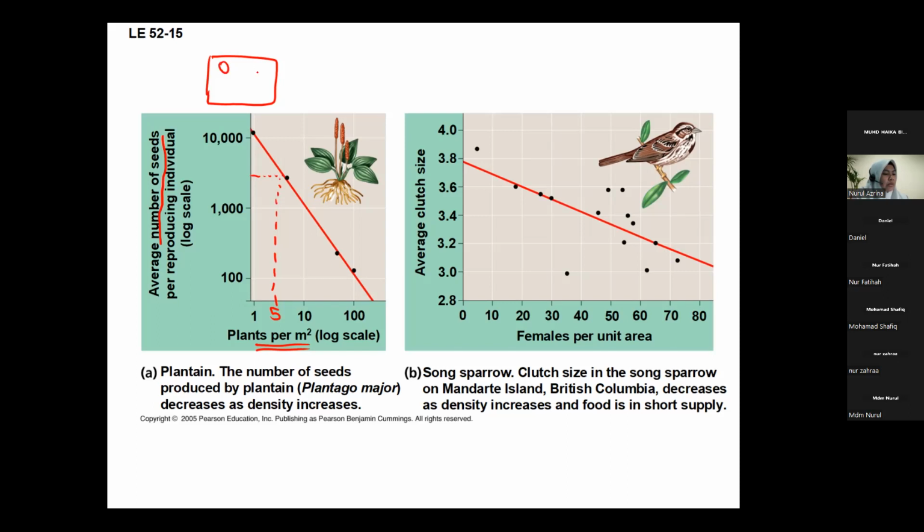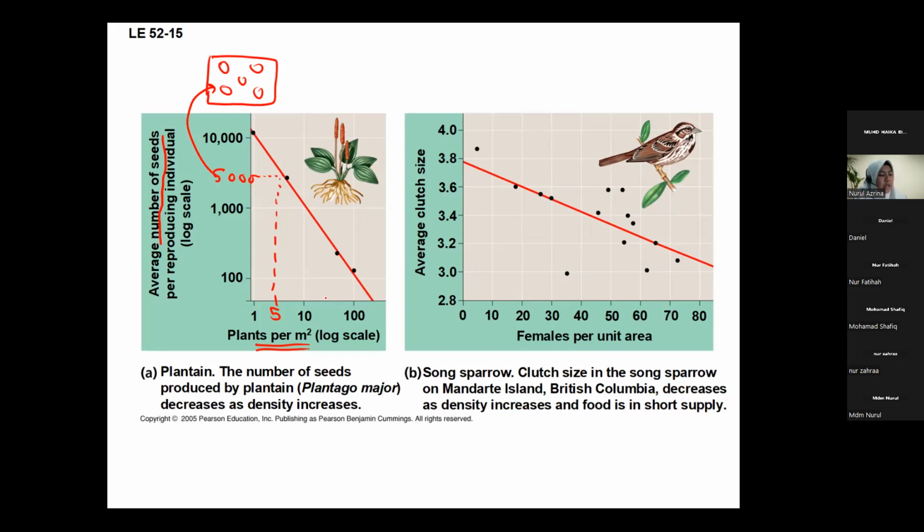Okay, 1, 2, 3, 4, 5, for example. So when this meter square only contain 5 plants, the average number of seed produced by the plants is around 5,000 seeds. 5,000 seed if there is only 5 plants per meter square.